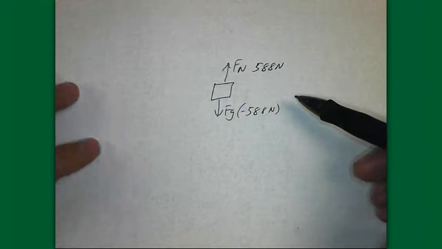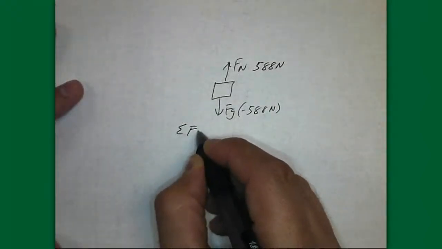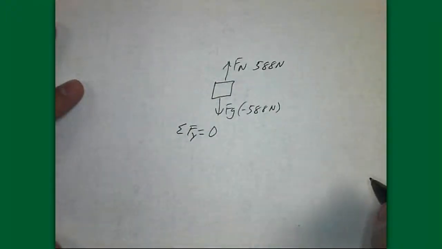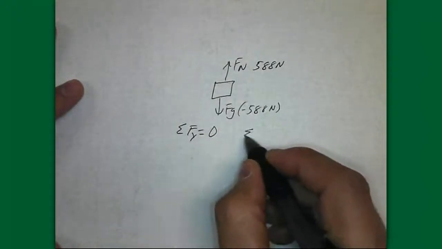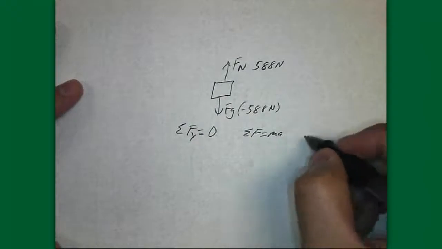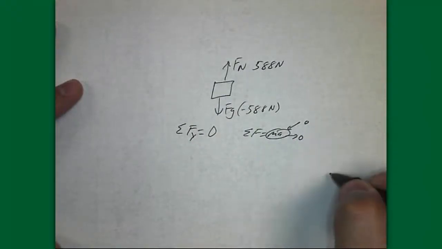And what you just did in your head without doing any math was really the same thing, because you knew that since the forces are balanced, the sum of the forces in the y direction has to be 0. And really this is no different from the sigma F equals ma equation. And we knew that in this case a is 0, which means this whole side goes to 0.